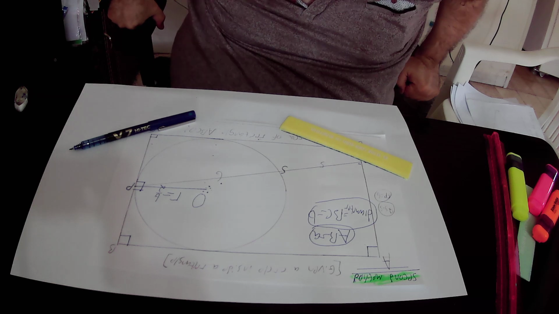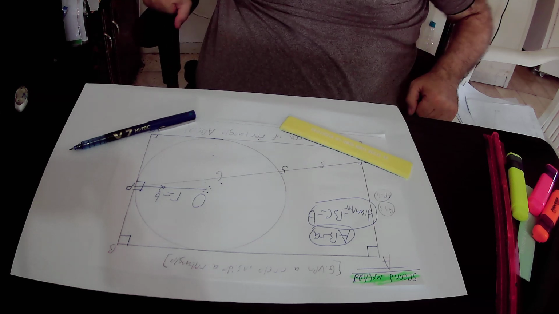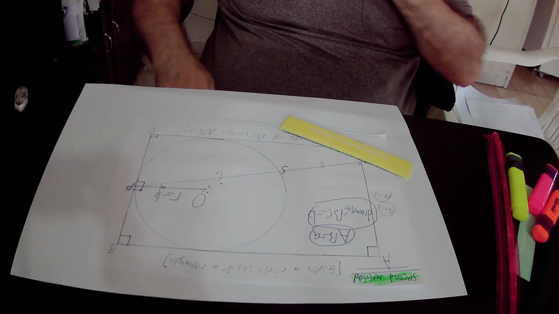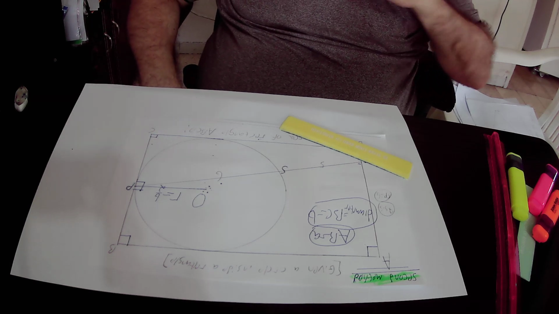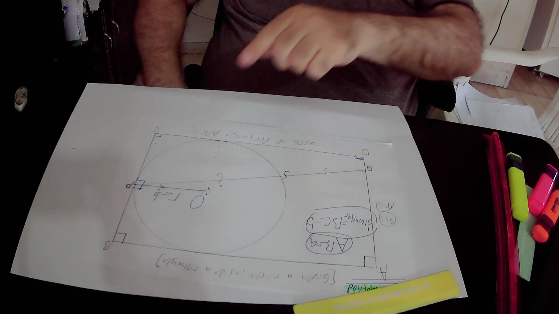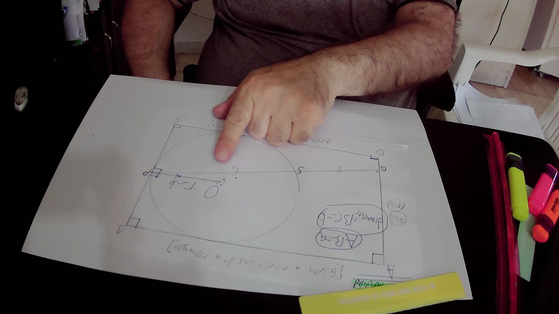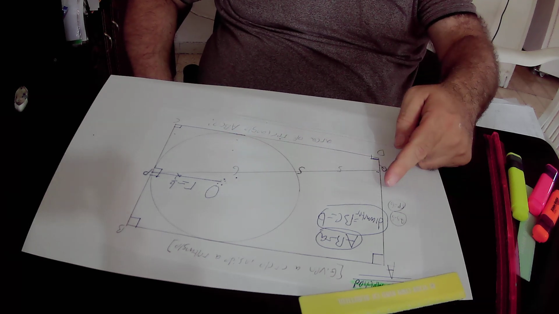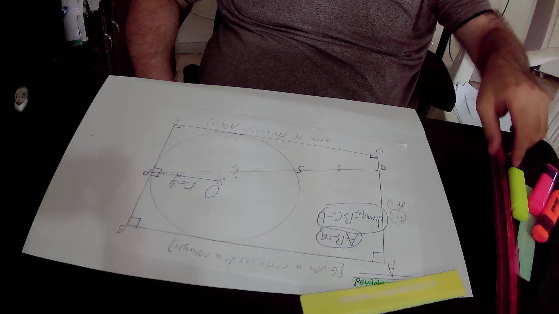Here we will extend PO by a straight line until it intersects with side AD.